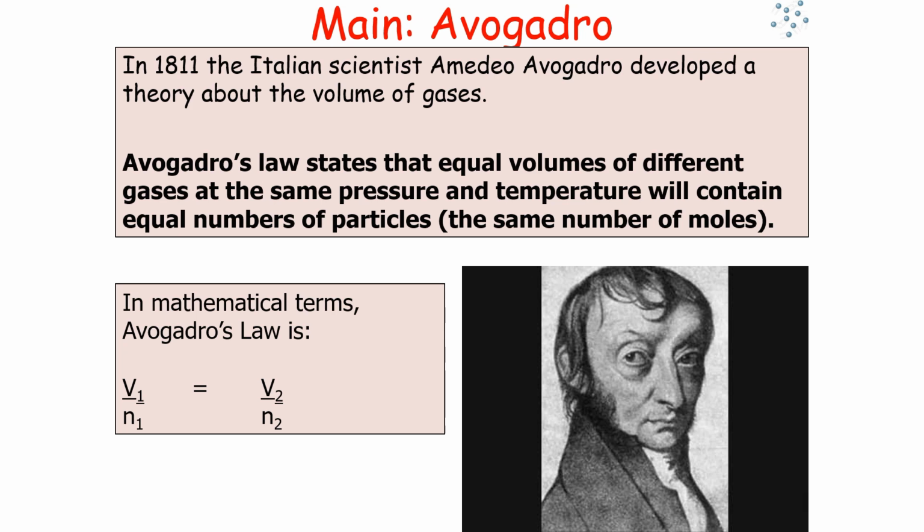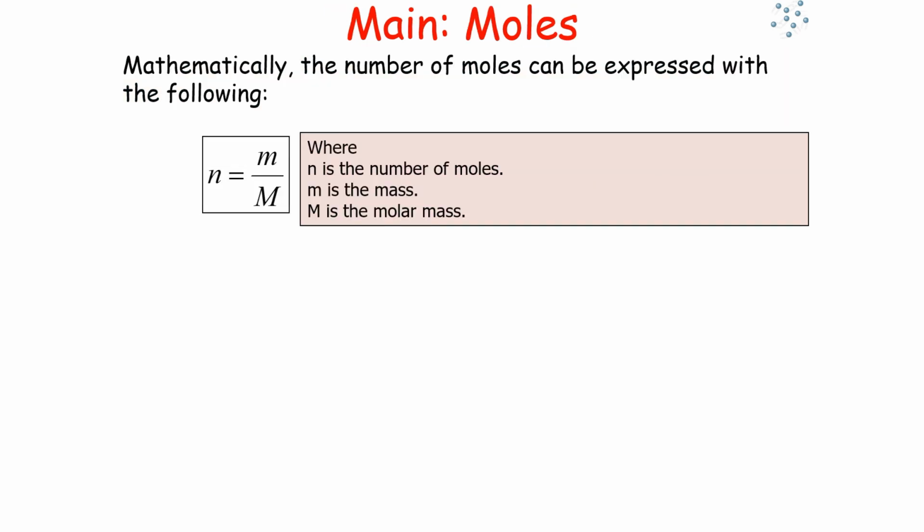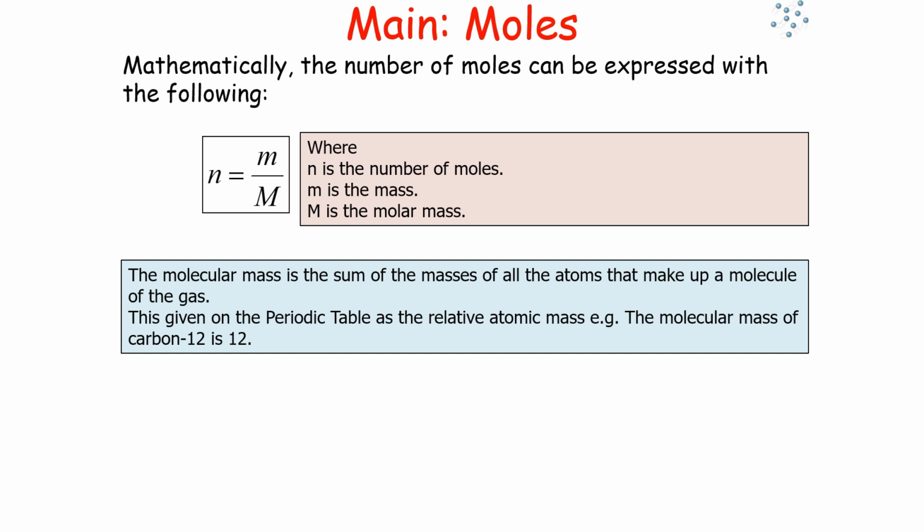So we can express the number of moles in a substance mathematically. We can say that the number of moles in a substance is equal to the mass of the substance divided by its molar mass. Now the molecular mass is the sum of the masses of all the atoms that make up a molecule of the gas. This is given on the periodic table as the relative atomic mass, e.g. the molecular mass of carbon-12 is 12.